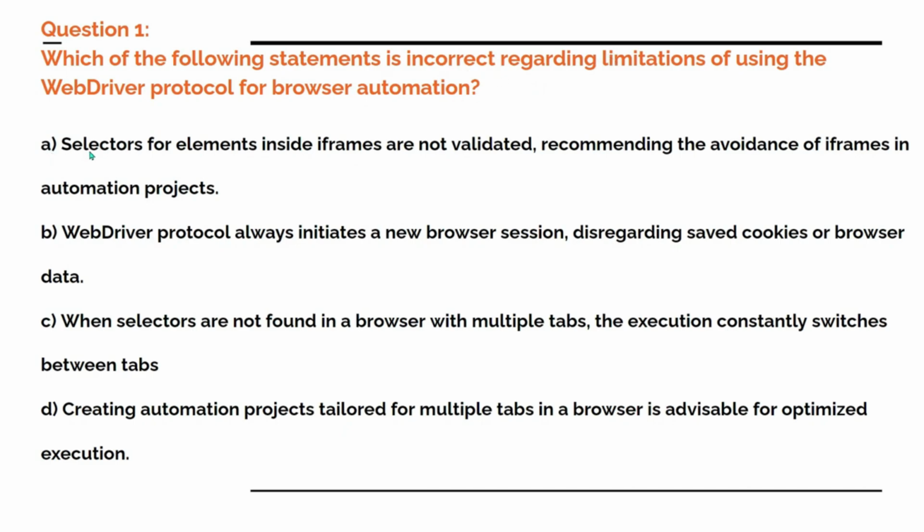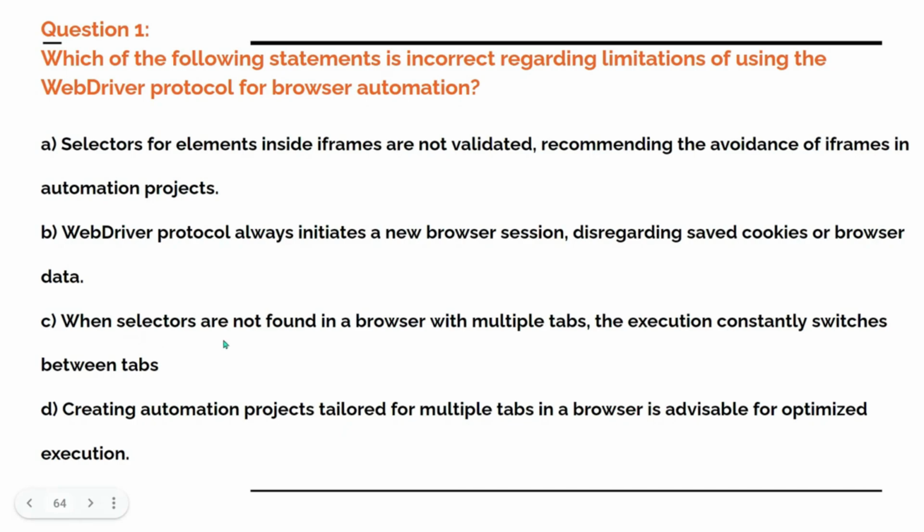Option A, selectors for elements inside iframes are not validated, recommending the avoidance of iframes in the automation process. Is this statement true or false? B, WebDriver protocol always initiates a new browser session disregarding the saved cookies or browser data. Is it true or false?